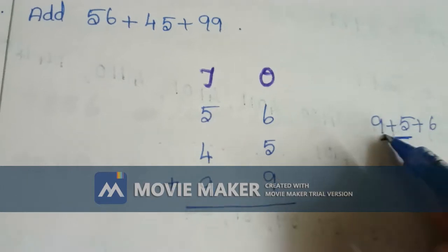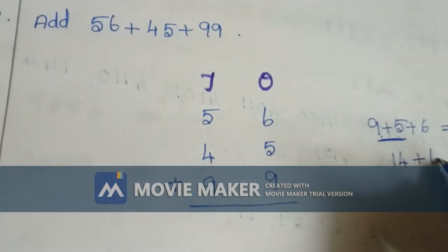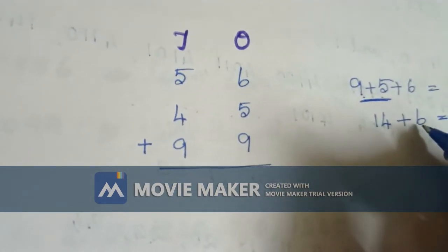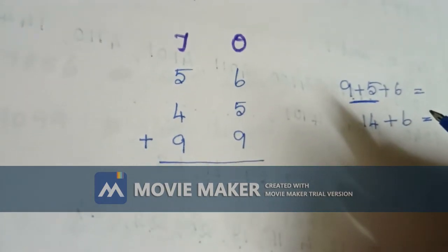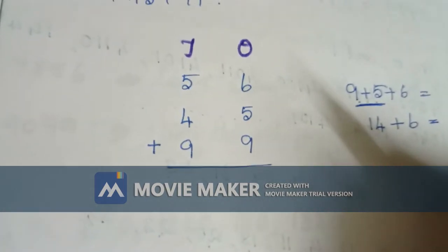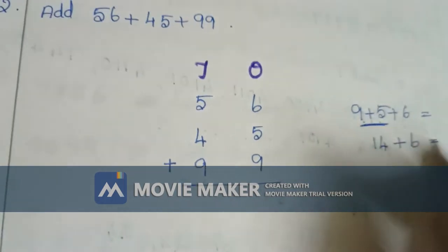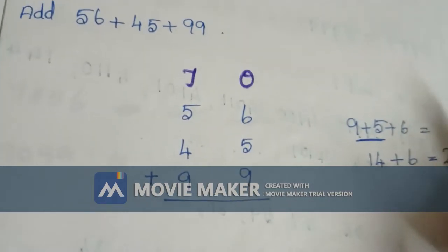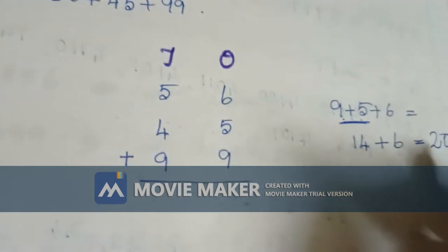So 9 plus 5 is 14, and plus 6. Here the bigger number is 14 and the smaller number is 6. So 14, after that 15, 16, 17, 18, 19 and 20. So children, we got 20.